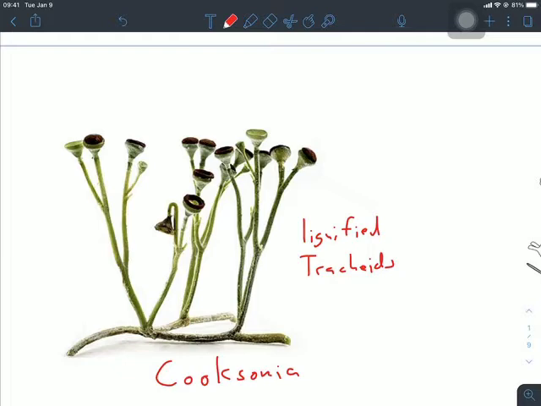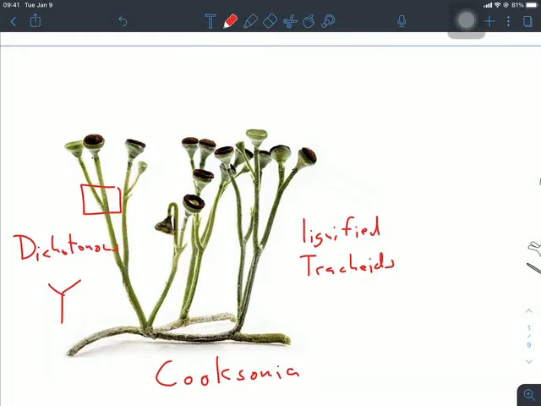You'll also notice certain features about how their sporangia form. You'll see that a lot of their branches that form their sporangia are bifurcating or dichotomous. That literally just means forking into a Y. This branching pattern of forking into a Y seems to be the ancestral state of things.